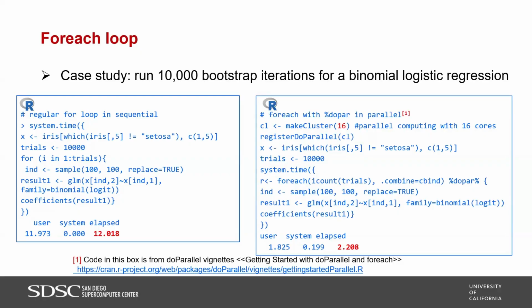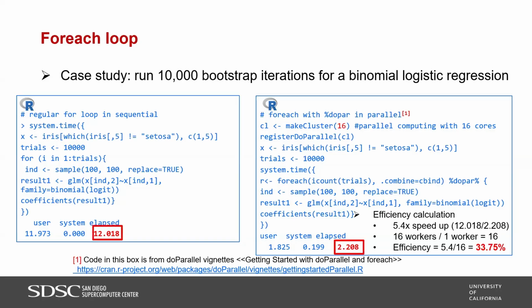If we use the code from the manual, you can see that it only takes 2.2 seconds to finish, and it's code very similar to the regular for loop, and you don't have to worry about any special rules or problems.